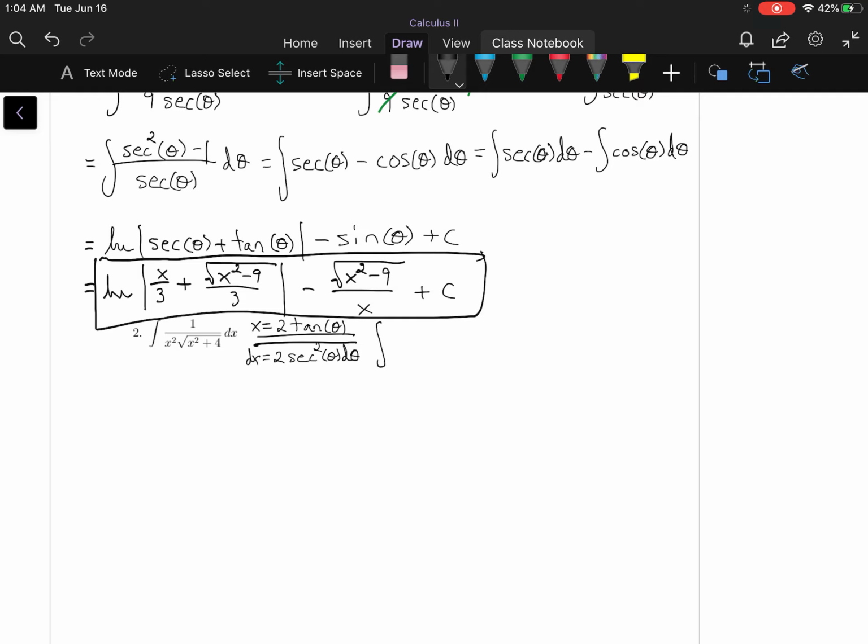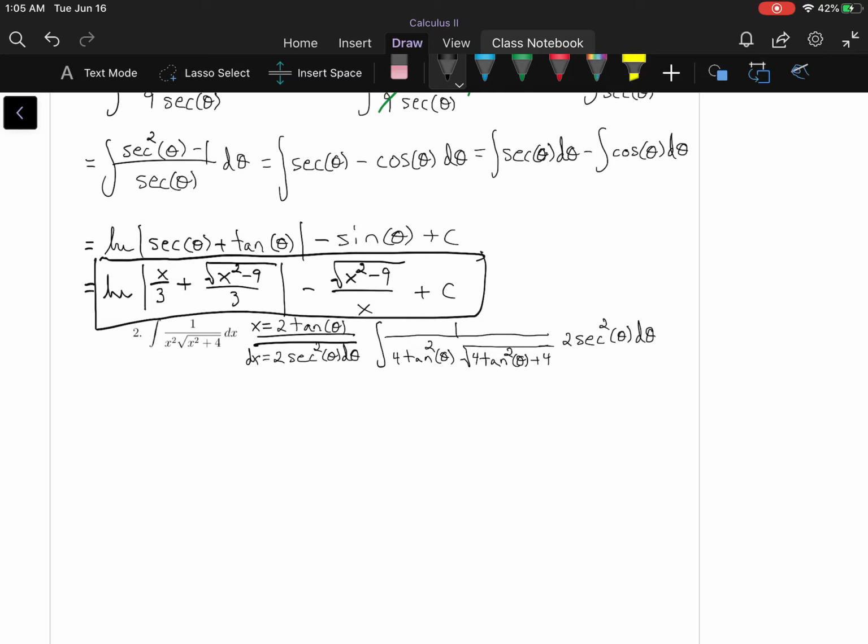And so when we make the substitution, we have an x squared on the bottom, so we have 4 tan squared theta. And we have the square root of 4 tan squared theta plus 4 inside the square root. This is all in the denominator, and dx is 2 secant squared theta d theta.